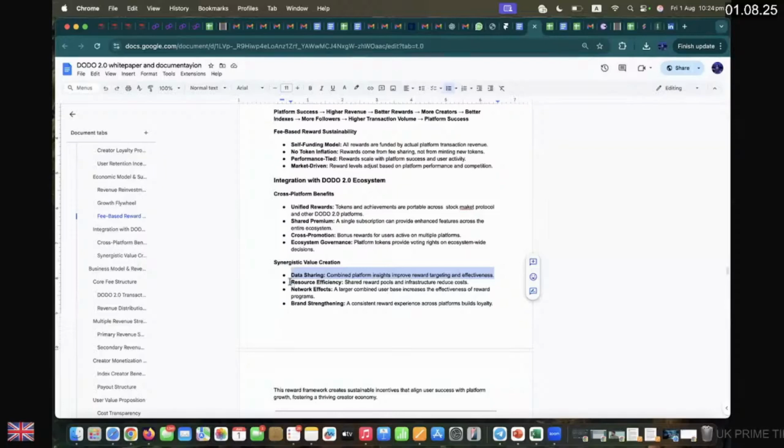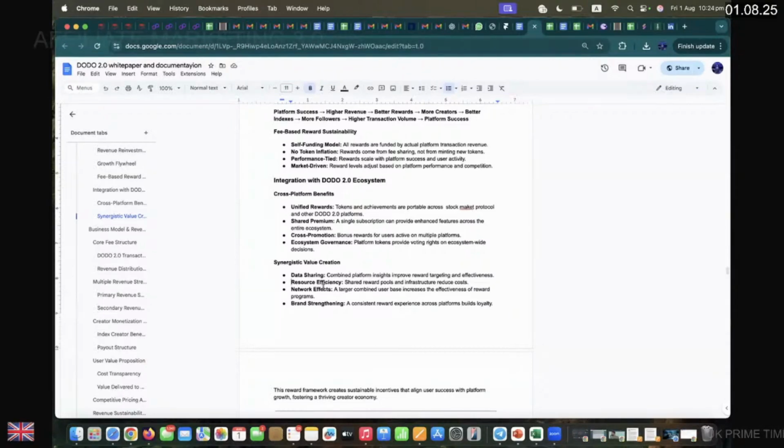Resource efficiency. Shared reward pools and infrastructure to reduce costs. So there will be shared reward pools for both the platforms, index trading as well as stock market protocol, that will reduce the cost of the rewards, and also the cost of the infrastructure to run the platform together.